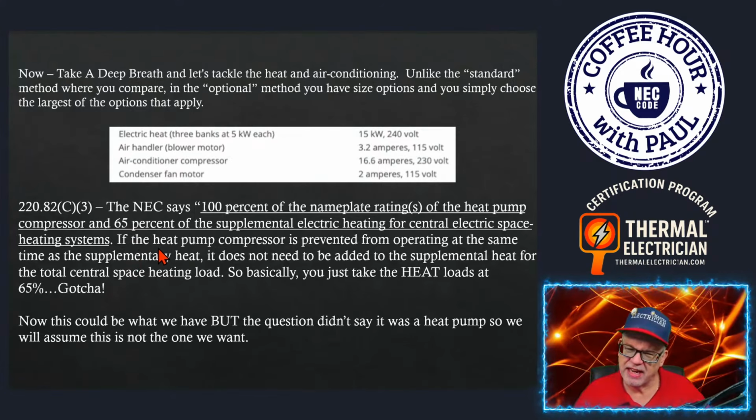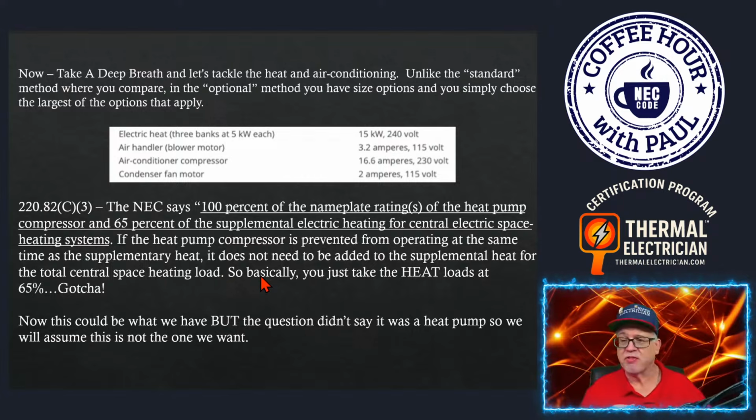It says if the heat pump compressor in the heat pump itself is prevented from operating at the same time that the heat is on, so in other words there's some type of lockout or thermostatically controlled system, when the heat pump is running in supplemental heat mode, so that the outdoor compressor could not come on, then it does not need to be added to the supplemental heat for the total central heating load.